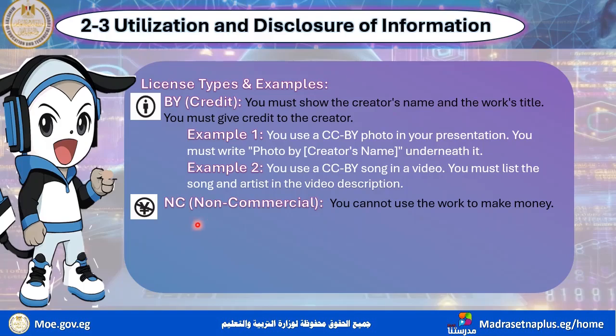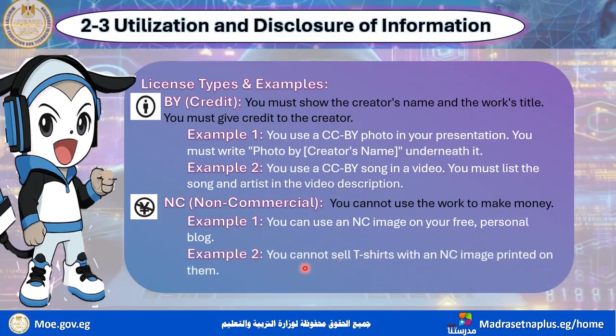And this is the symbol for it: a circle with this spring shape inside it. This symbol represents non-commercial. For example, you can use an NC image on your free personal blog. Example 2, you cannot sell t-shirts with an NC image printed on them.